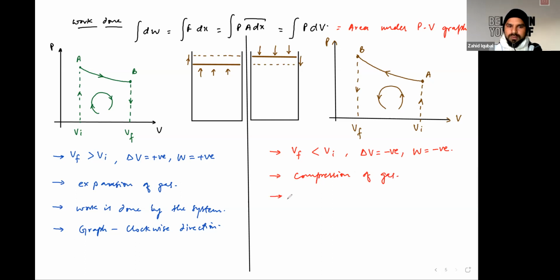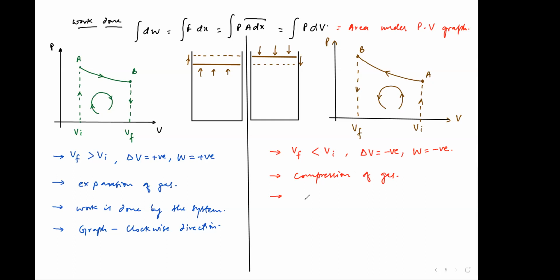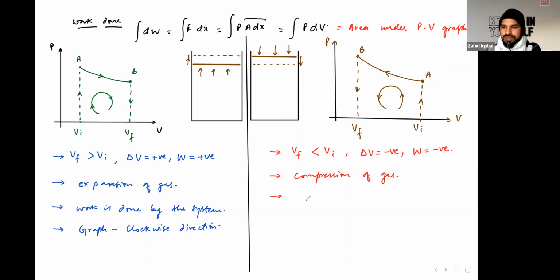Next part, work is done on the system or by the system? On the system. Good. On the system by any external agency to compress it down. So we can say work is done on the system, due to which the notation of graph is in clockwise or anti-clockwise?